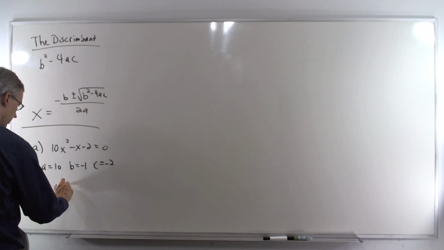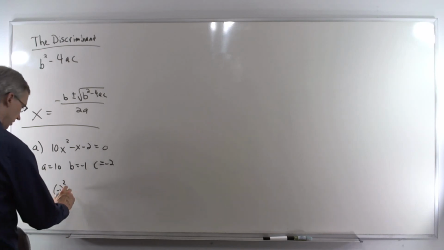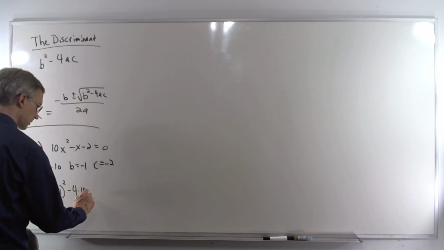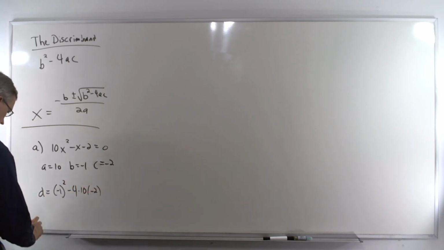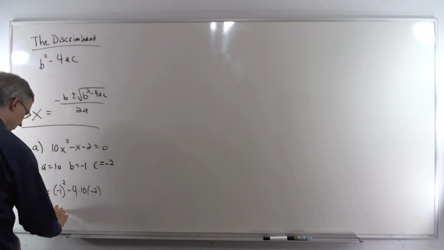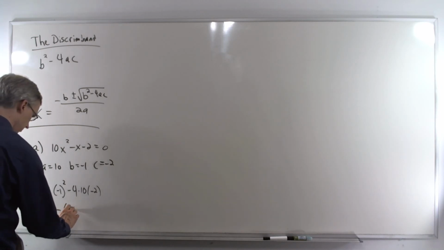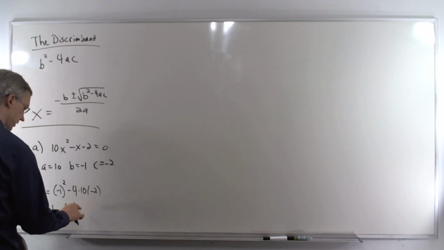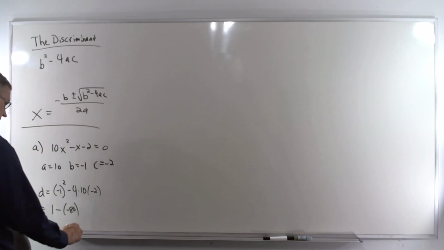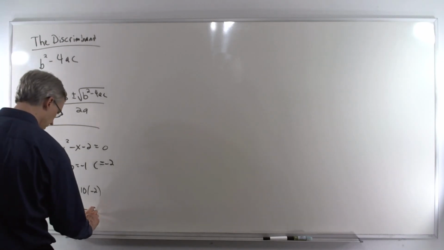B squared, that's -1 squared, minus 4 times 1 times -2. All right, 4 times 1 times 2 is 8. That's negative. So we got 1 minus -8, which is 1 plus 8, which equals 9.